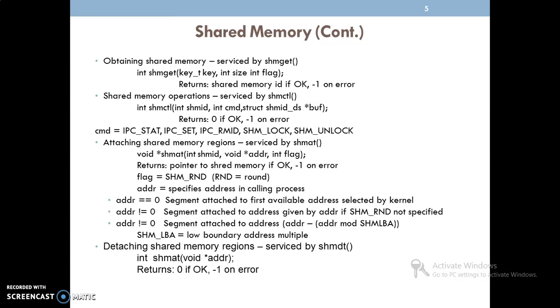Then attaching shared memory regions to a particular shared memory that we created so far. With respect to that, we are using the shared memory attach function here. The first argument is the identifier. The second one is the address, so in which location you want to attach.